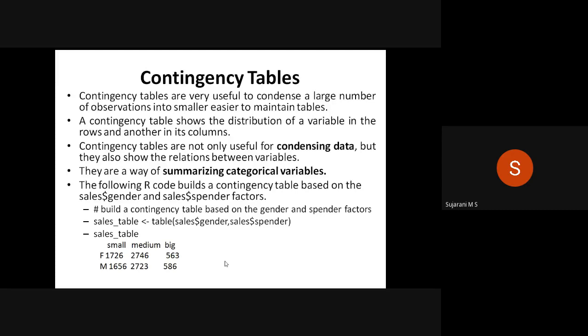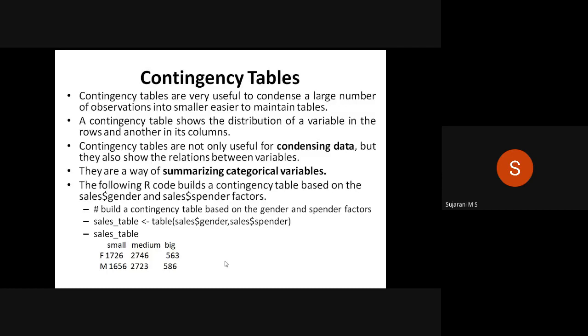That is condensing of data or summarizing categorical variables. In this example, our sales data contains 10,000 records. We want to condense or summarize these 10,000 records, so we use a contingency table.